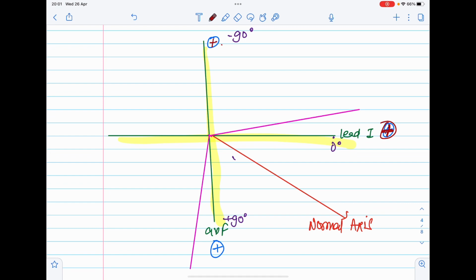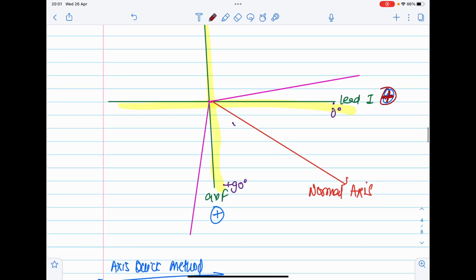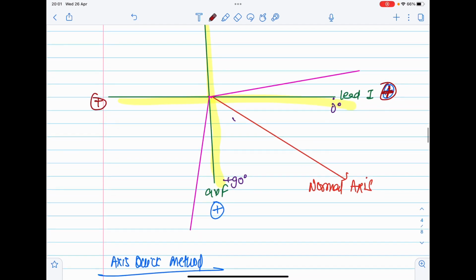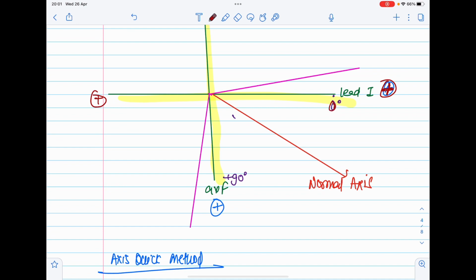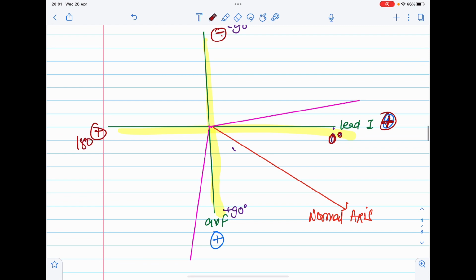Here it should be positive according to math, but here it is negative, and down one is positive, and this one is also positive. So if it is positive, we will say it is 0 degree, it is plus 90, minus 90, plus 180. So normal axis should be between -30 to 110.